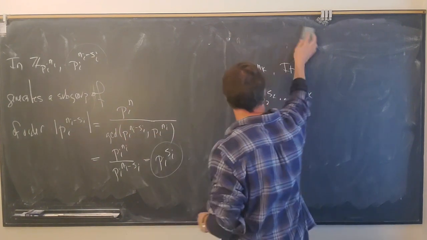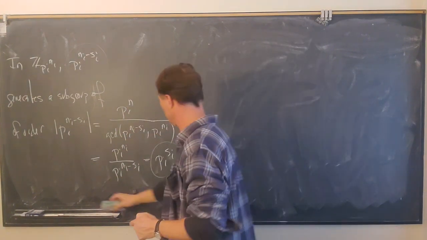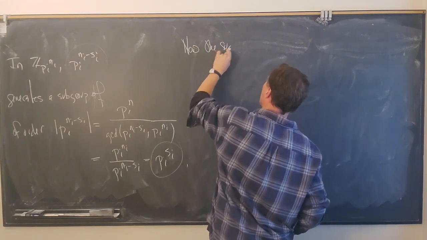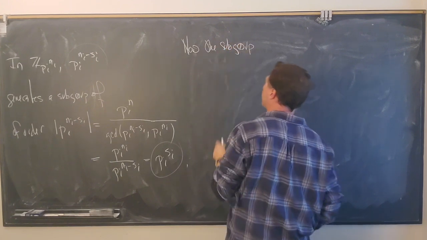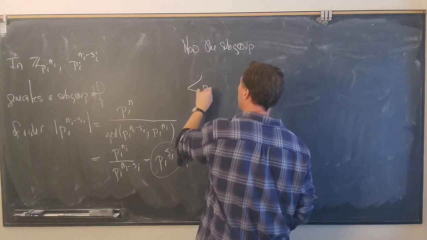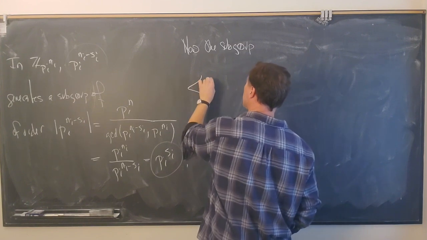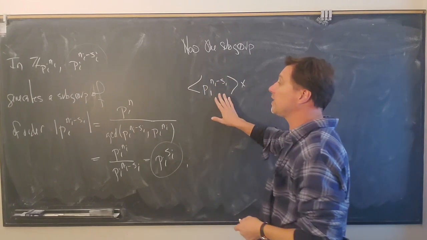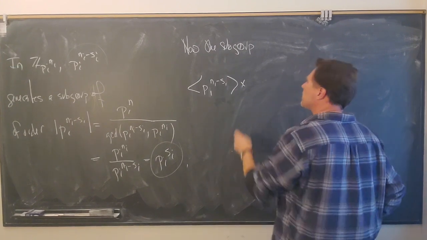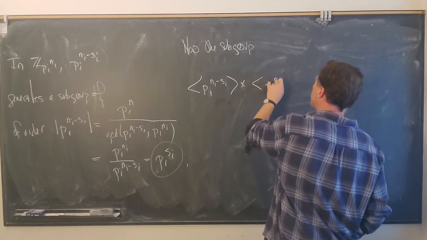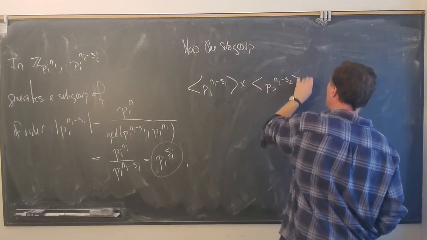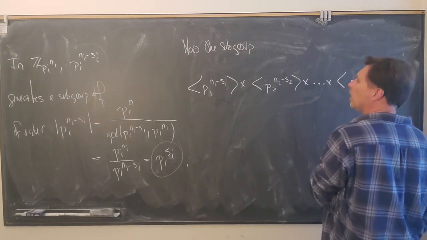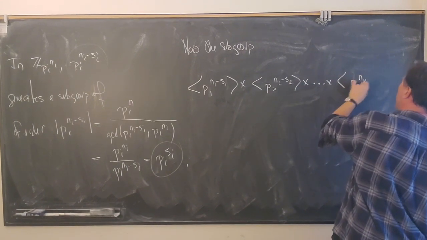So now, the subgroup, and I'm going to write it like this: the cyclic subgroup generated by p1 to the n1 minus s1, living in Z sub p1 to the n1, and then you just go down the list: cross the cyclic subgroup generated by p2 to the n2 minus s2, cross dot dot dot cross the one generated by pk to the nk minus sk.